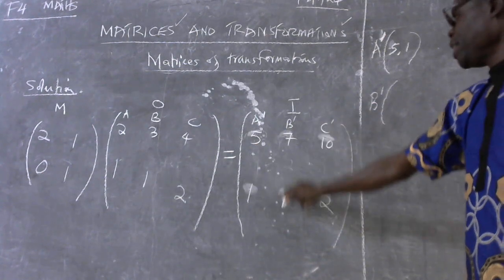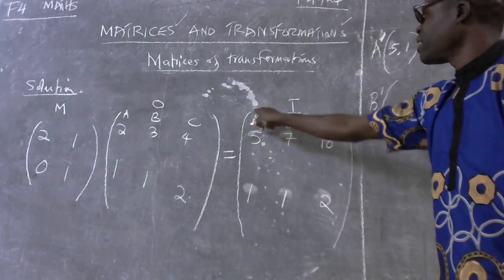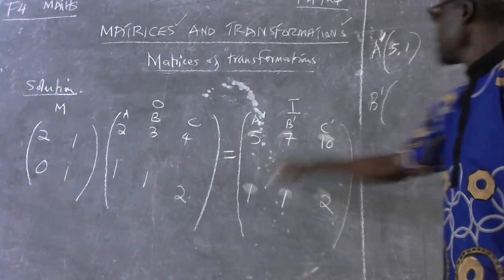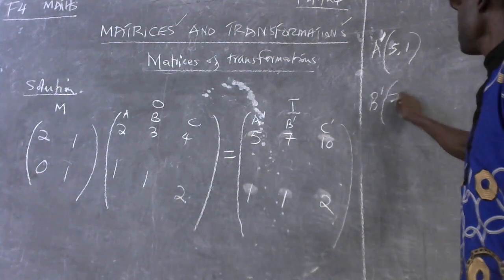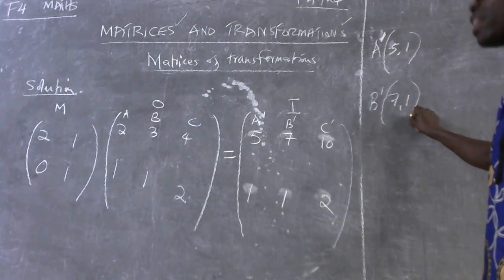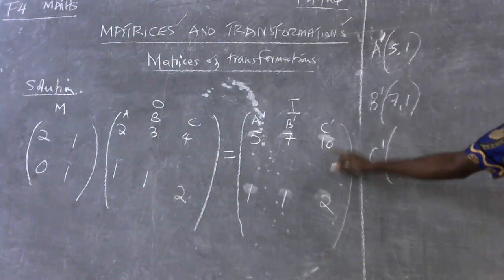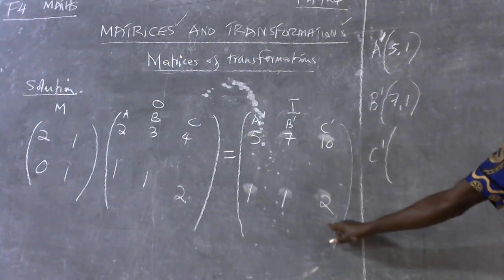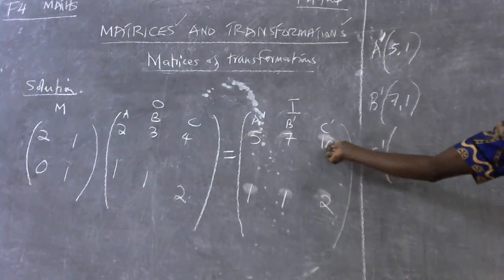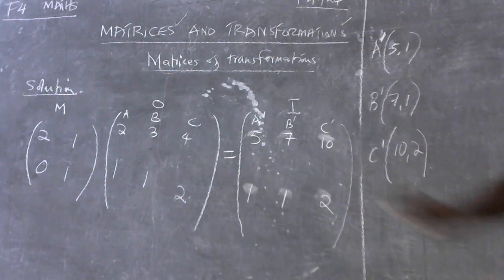B image is 7, 1. Then C image is 10, 2, because it is this one here. So those are the coordinates which we want to draw.